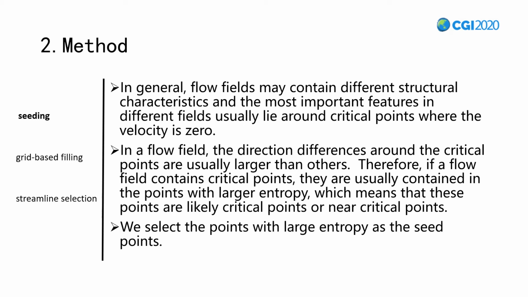Therefore, if a flow field contains critical points, they are usually contained in the points with large entropy, which means that these points are likely critical points or near critical points. So we select the points with large entropy as the seed points.